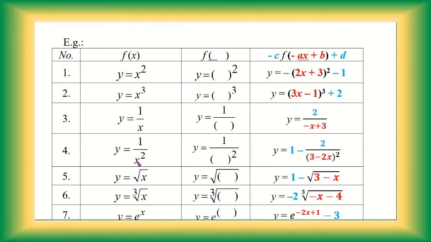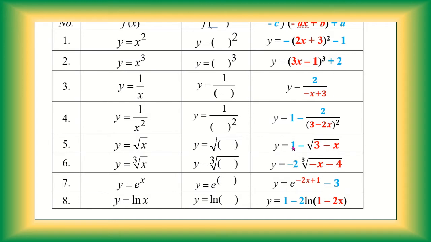When we replace the x with brackets and compare back to the function, we can see that 3 minus 2x is inside the brackets, so 3 minus 2x is x transformation. Then we can see that 1 minus 2 are outside the bracket, so these are y coordinate transformation.